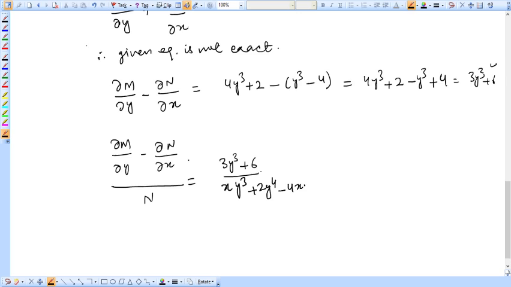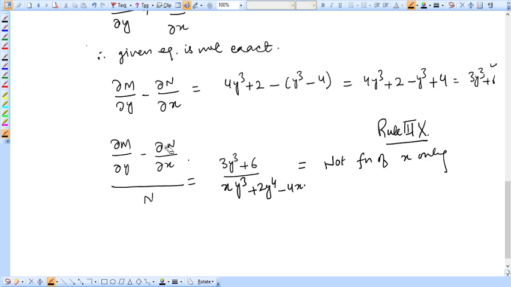So see, this is not a function of x only. Okay, therefore rule 3 is also not applicable here. Rule 3 cannot be applied here. So let us check for rule number 4 now.